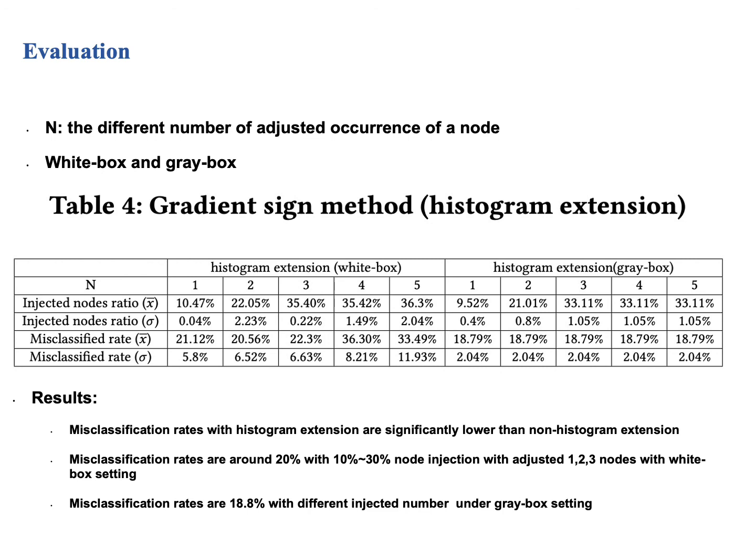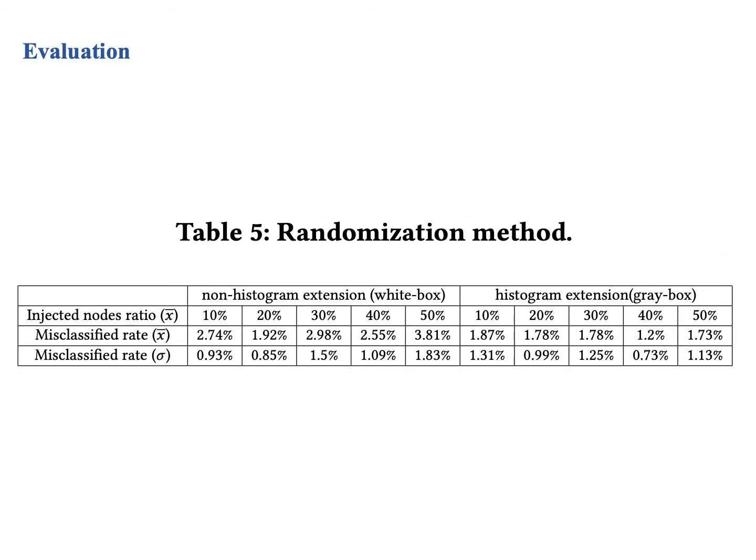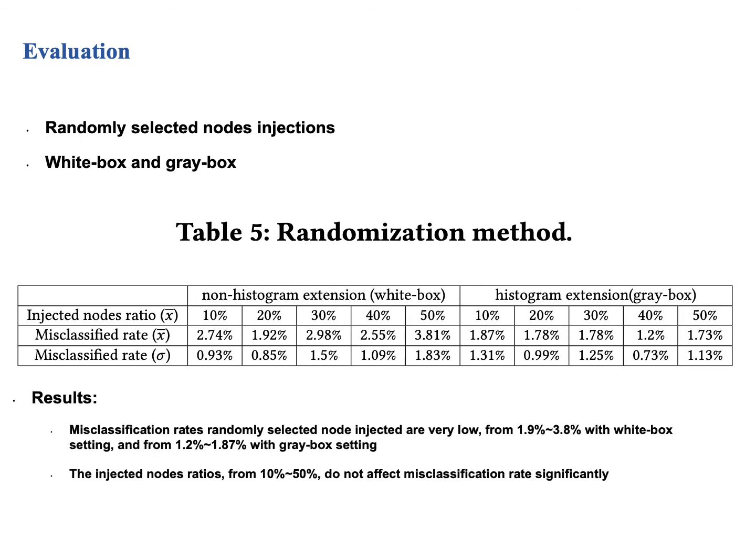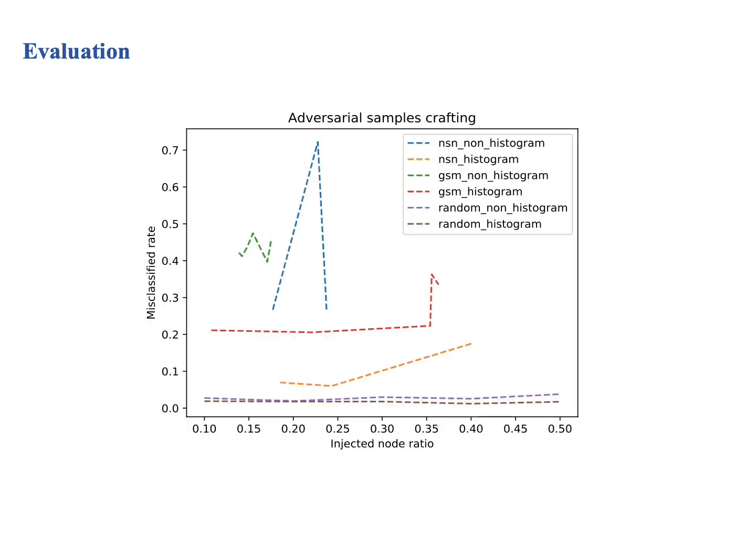The white box setting will have a better result than the gray box setting. We also tested with randomly chosen node injection, but in this setting we get a very low misclassification success rate. Here we also show our result in the figure.